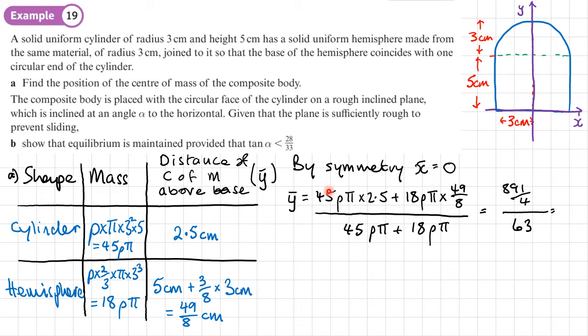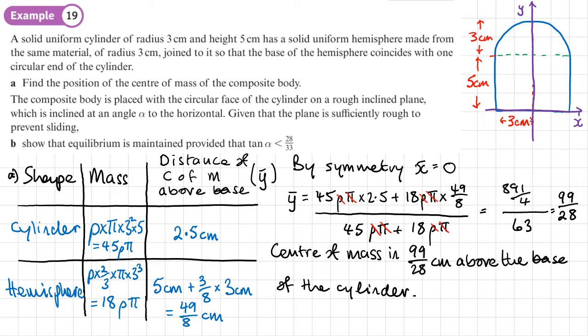So now we just put the mass and center of mass into the formula. The mass times the center of mass of the cylinder plus the mass times the center of mass of the hemisphere, divided by the total mass. Now what will happen here is all the rhos and pi's will cancel out, leaving 45 times 2.5 plus 18 times 49/8, which is 891/4, divided by 45 plus 18, which is 63. And if we do that calculation on our calculator, we get an exact value of 99/28.